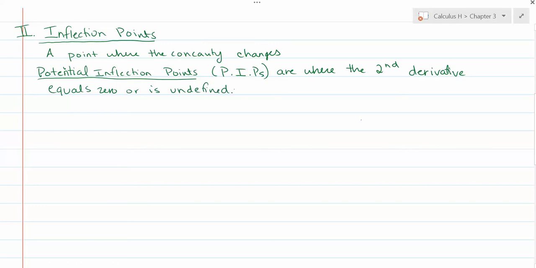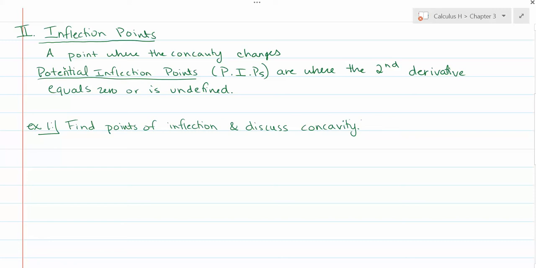So if you look at an example, I'm going to ask you to find points of inflection and discuss concavity.